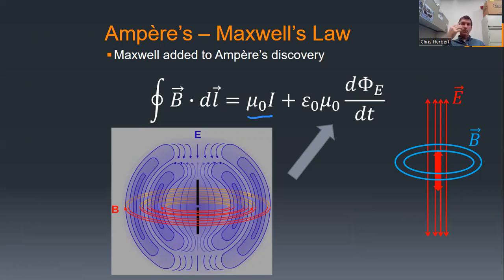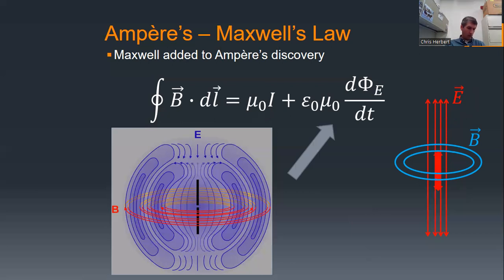But he also saw that with a changing electric field, you could induce a magnetic field that would wrap around it. You didn't necessarily need the flow of charge. What you needed was an oscillating, changing electric field, and that would produce a magnetic field that would wrap around the electric field.